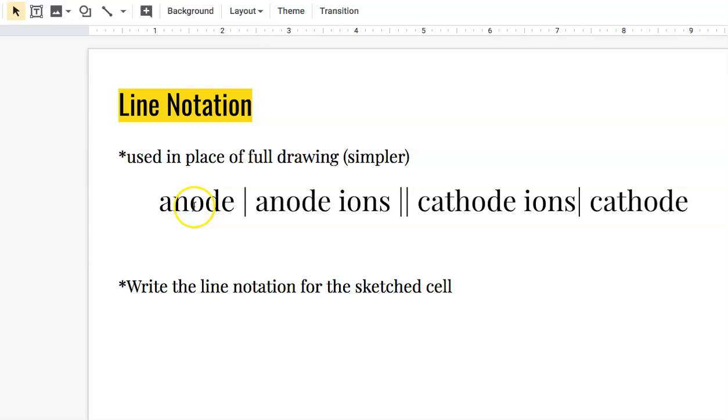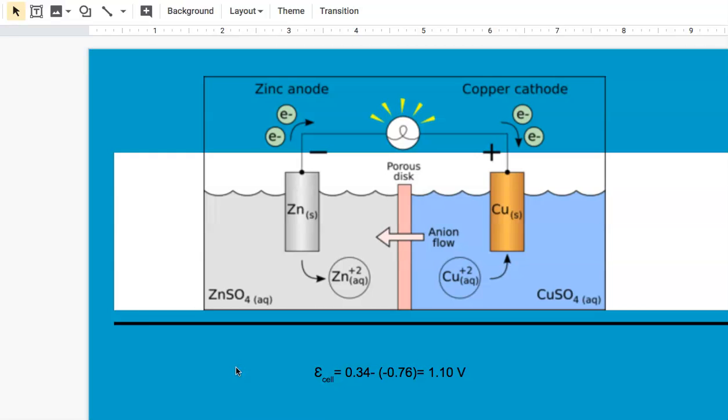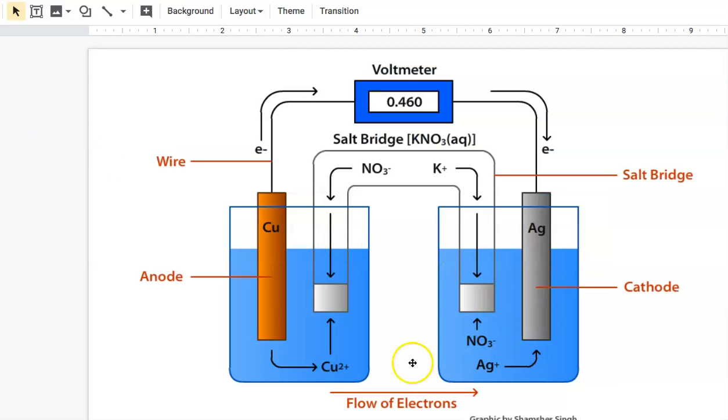Or really, the anode plus the cathode ions become the anode ions plus the cathode. So go ahead and write that line notation for your cell here. And if you need to go back and reference which side is the cathode and which side is the anode, you can look over here. Don't get confused though, because the copper may have switched roles.